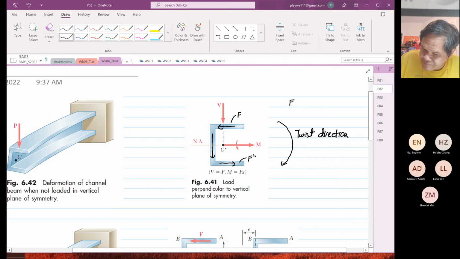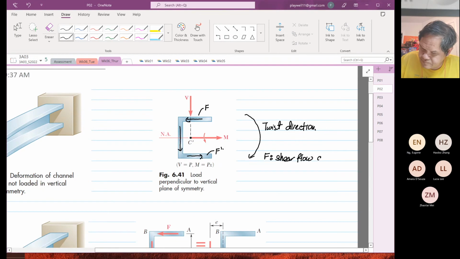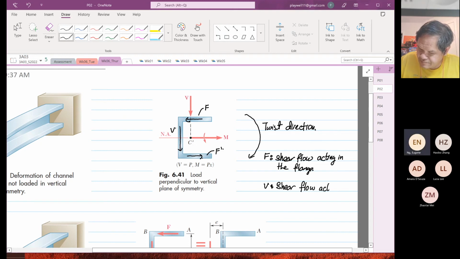So F is also the shear flow, F is the shear flow acting in the flange, okay, and then V is the shear flow acting in the web.